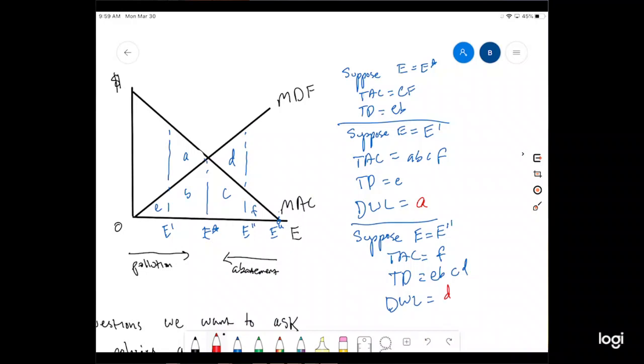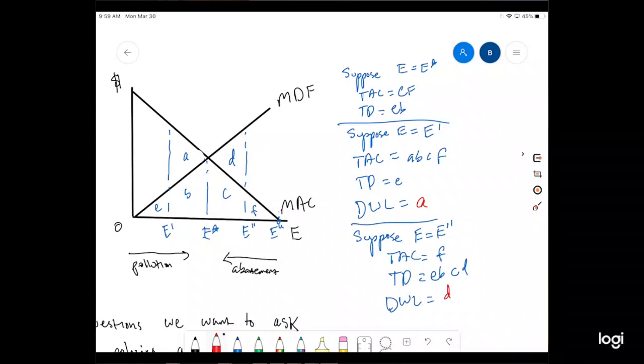So one thing you could ask yourself is, is it better to reduce our emissions too much or not enough? Which do you think is going to impose the larger deadweight loss? It depends on the shape of the marginal damage function and the marginal abatement cost curve.